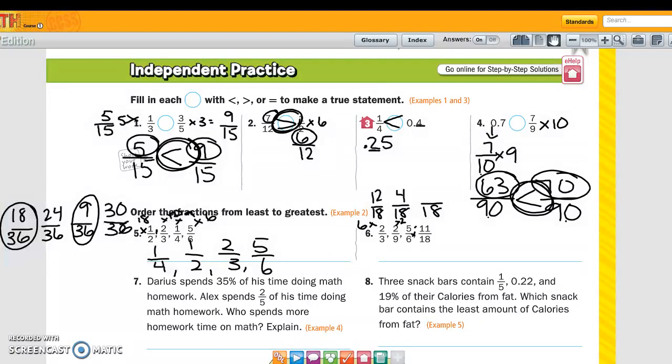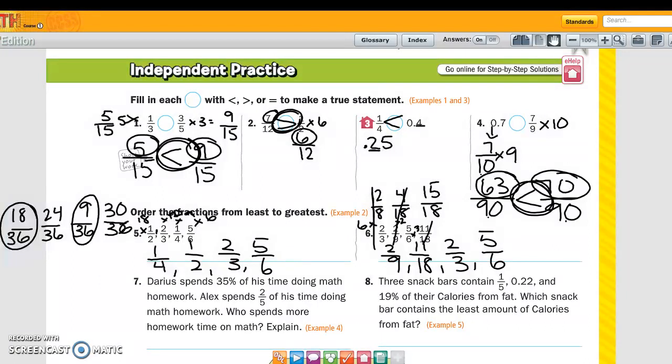And then 6 times 3 is 18, so 5 times 3 is 15. Our smallest number will be this 4 over 18, which is 2/9. I'm going to cross them out as I go. Our next smallest number is this 11 over 18. Then 12/18, which is 2/3. And then lastly, we're going to finish up with 15 over 18, which is 5/6.